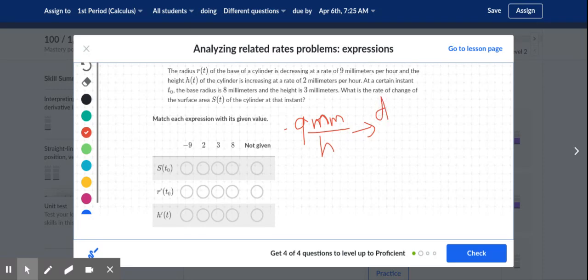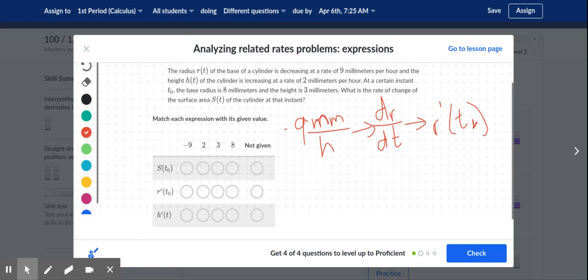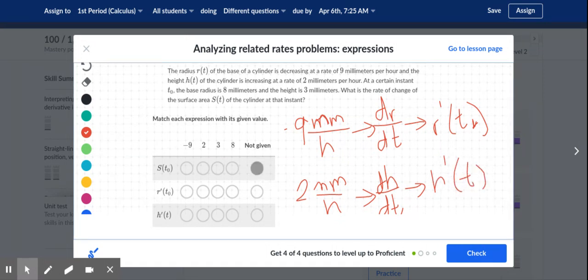So that's how much the radius is changing based off time, which another way to say that is r prime of t sub 0 in this instance. So the height is increasing at 2 millimeters per hour, which is dh dt, which will give me h prime of t. But I didn't know what the surface area was, so that's my answer choices.